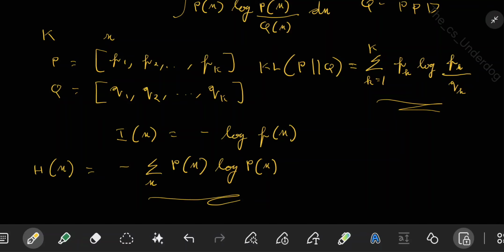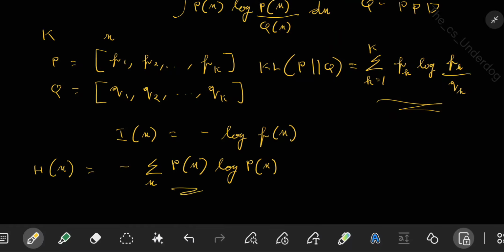If it is clear till this point, it is very easy for you to understand KL divergence. If you have confusion, please check the entropy lecture and come back. So this is entropy. Whatever I am showing you is the entropy considering P as the distribution.